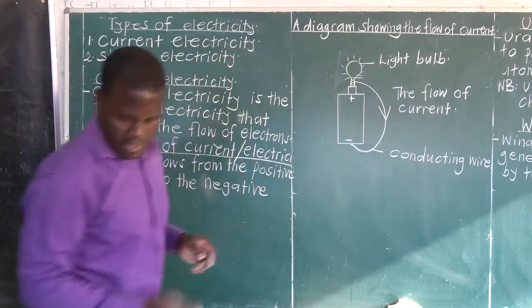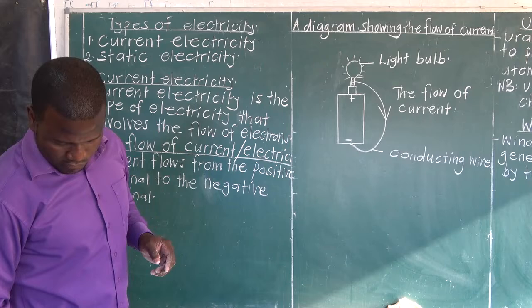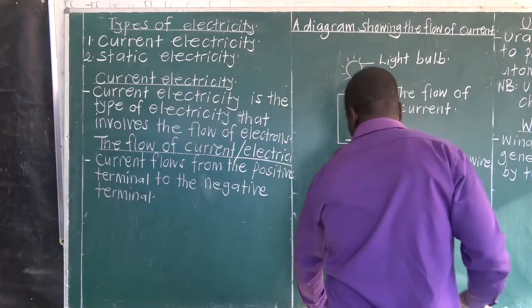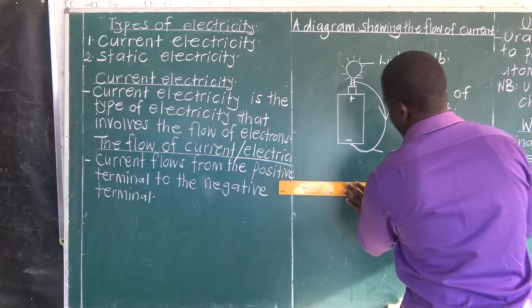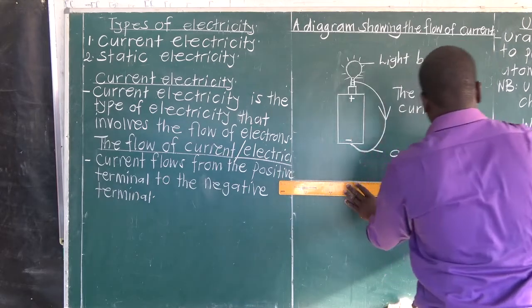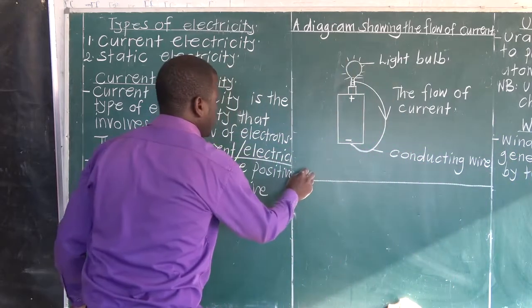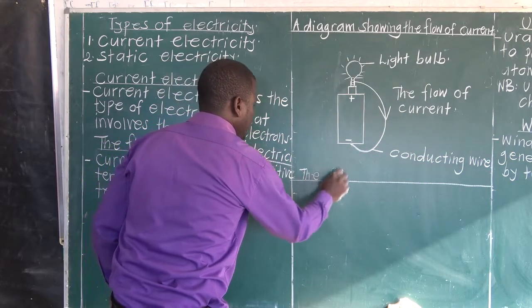Lastly, we look at the flow of electrons. Now, electrons flow from the negative terminal to the positive terminal. The flow of electrons.